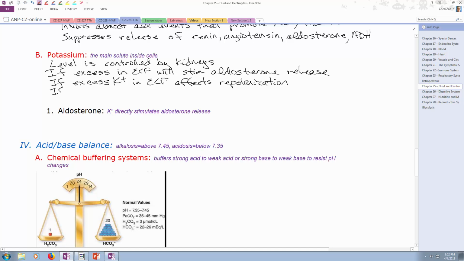So if there's not enough potassium in our extracellular fluid, what will happen is potassium moves out of the cell, causing the cell to hyperpolarize.